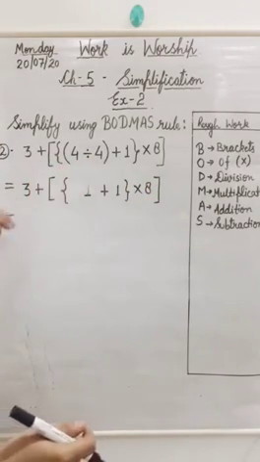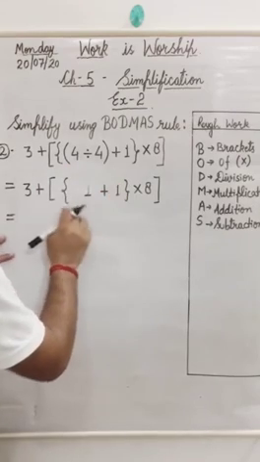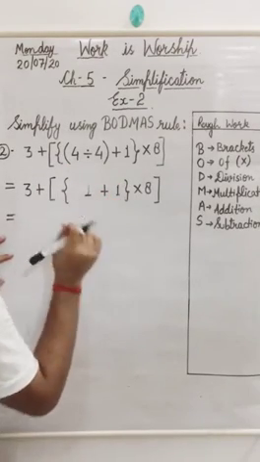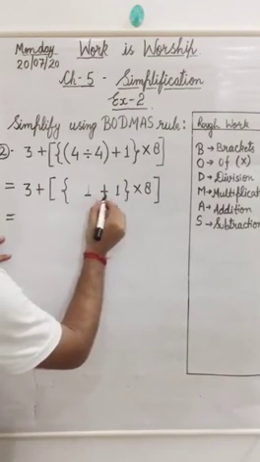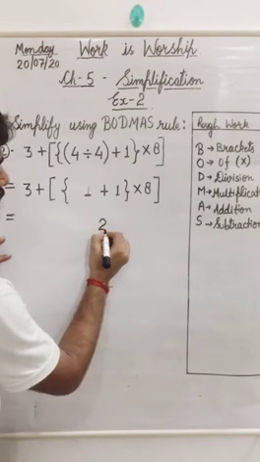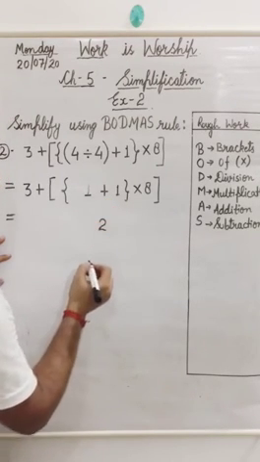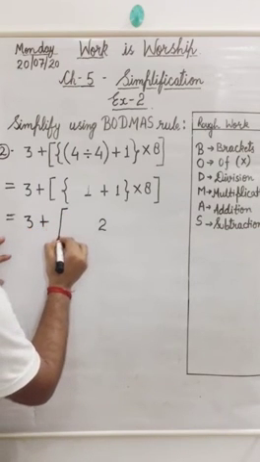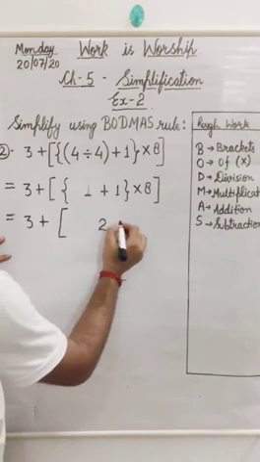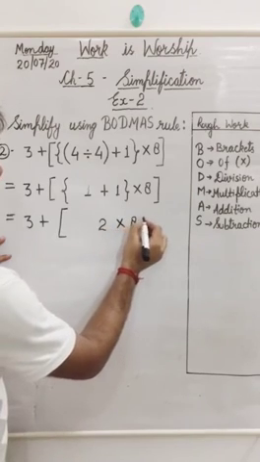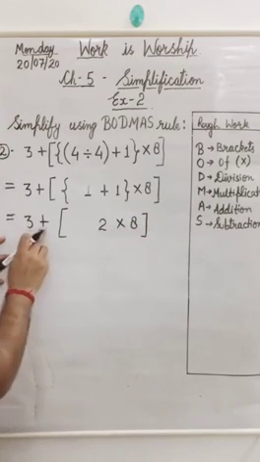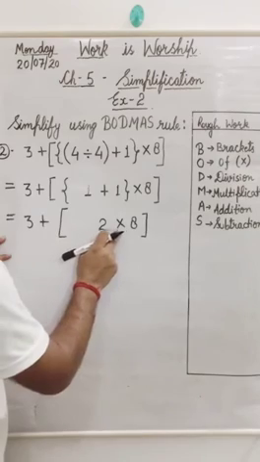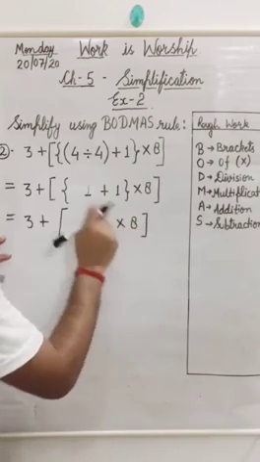After solving the operation inside the round bracket, we will solve the operation inside the curly bracket. Okay, so 1 plus 1 is 2, so we will write 2 just below the curly bracket. Okay, and we will write the rest of the problem as same as above.